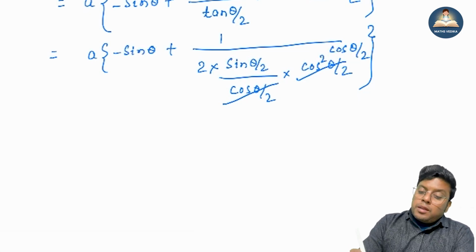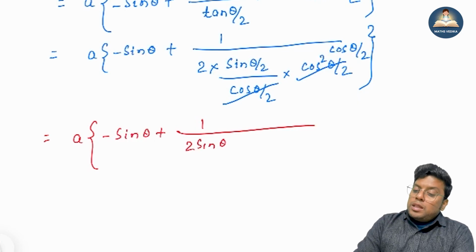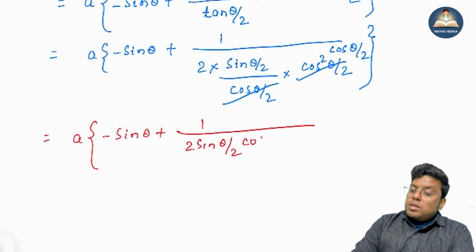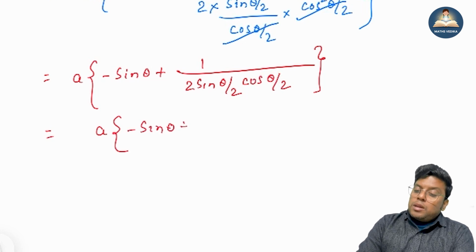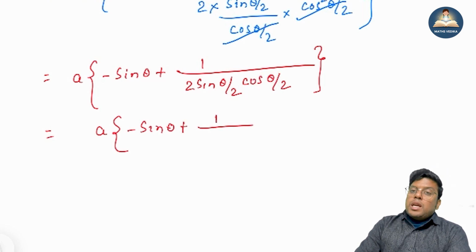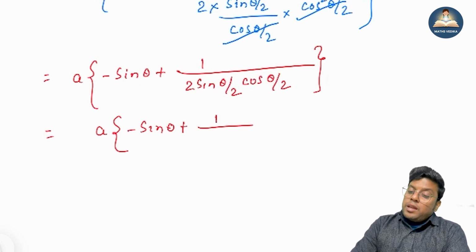Okay, so here a into minus sin theta plus 1 by 2 sin theta by 2 into cos theta by 2, which is equal to a into minus sin theta plus 1 by 2 sin theta by 2 into cos theta by 2, and this will be equal to sin 2 theta by 2.